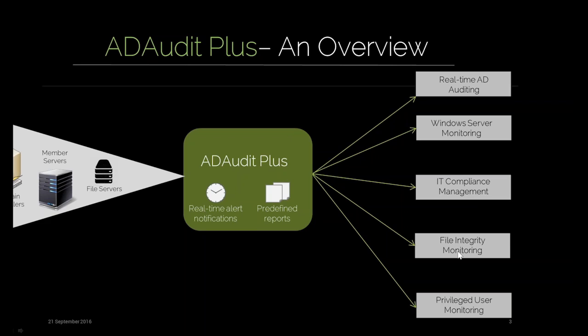And privileged user monitoring: you can track all the changes made by a specific user on the Active Directory. That's the privileged user monitoring, which will be covered in today's workshop.